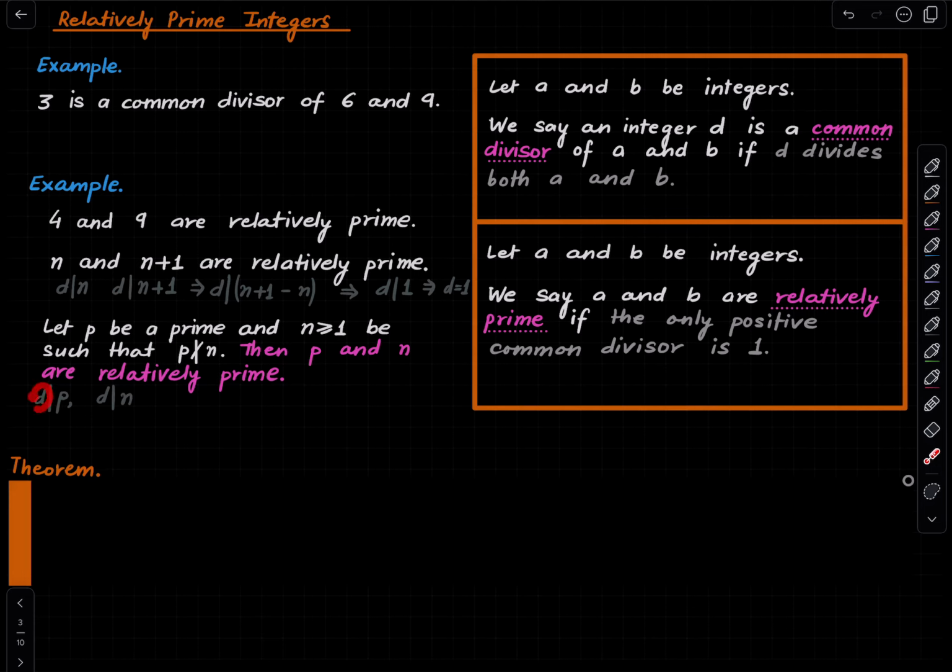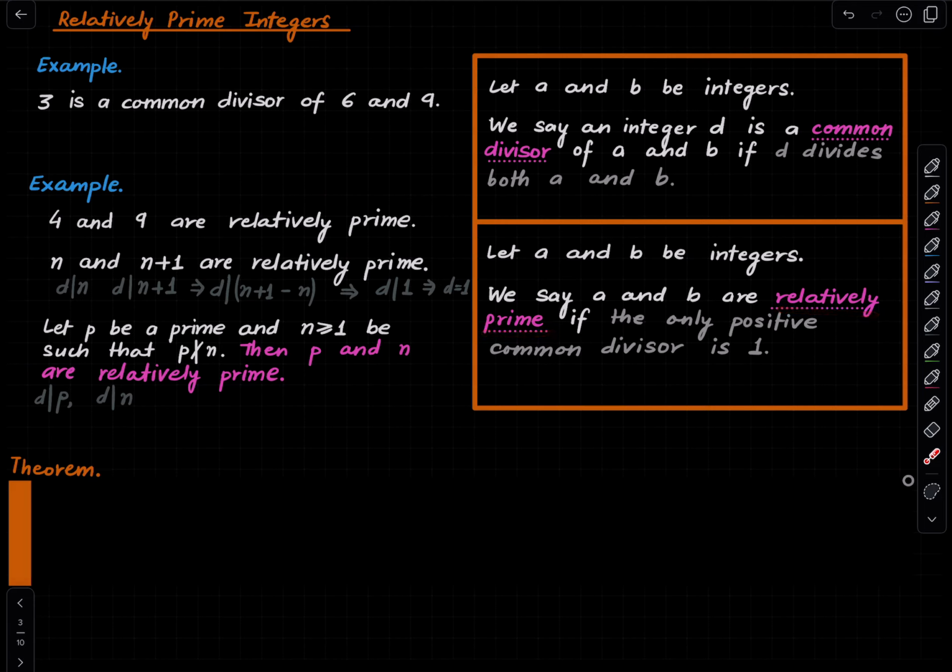If it is equal to p, then we would have p divides n, and that would contradict the assumption that p doesn't divide n. So therefore d is forced to be equal to 1. That's it. So whenever you have a prime not dividing some integer n, the prime and that integer are relatively prime. Hopefully these three examples have given you some intuition about this concept.